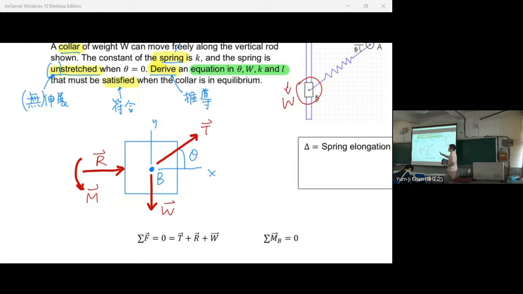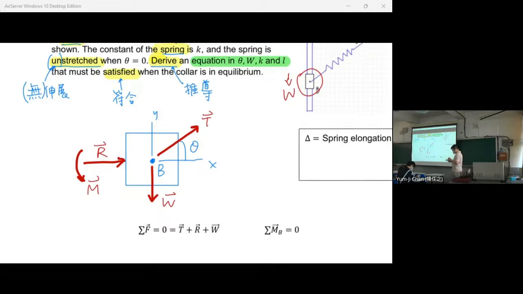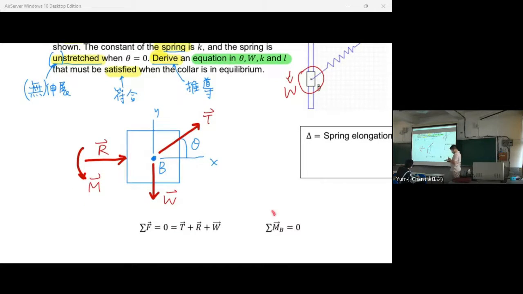So we have a moment here. Remember to draw everything that you can think of here. Of course, in the next step I will show that N is equal to 0, but draw it first. Write it down first.